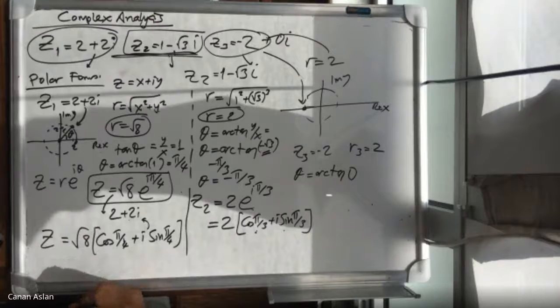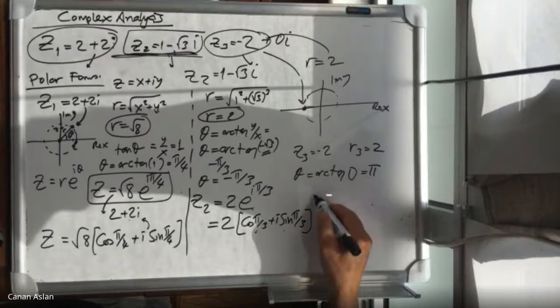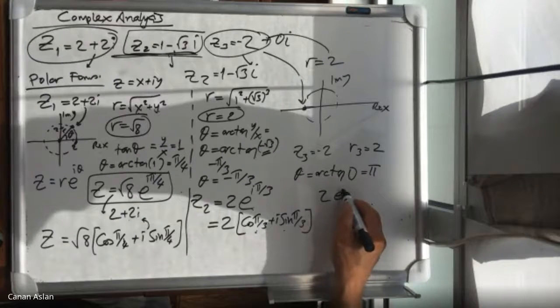But tangent of pi gives you 0 as well, so that theta equals pi. So that we have 2 e to the i pi.